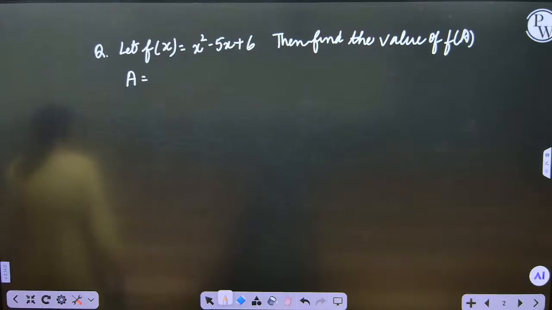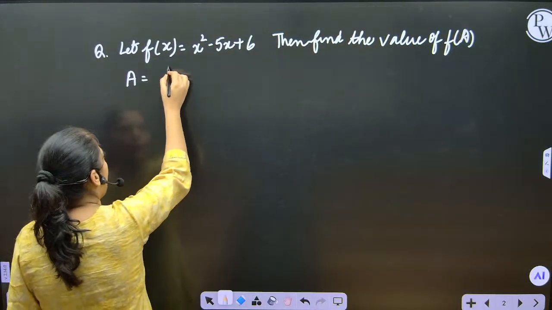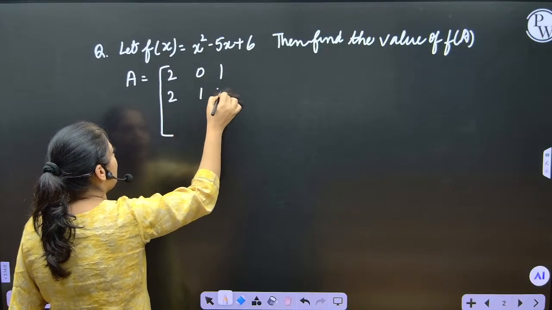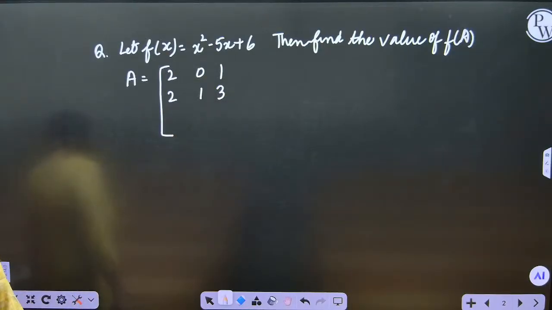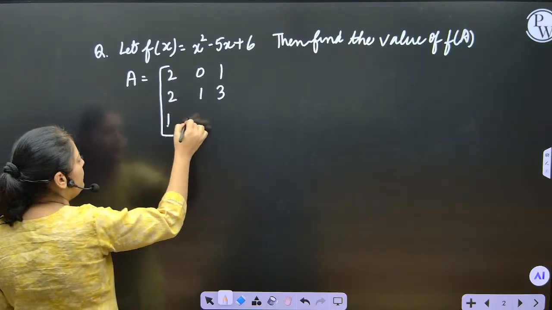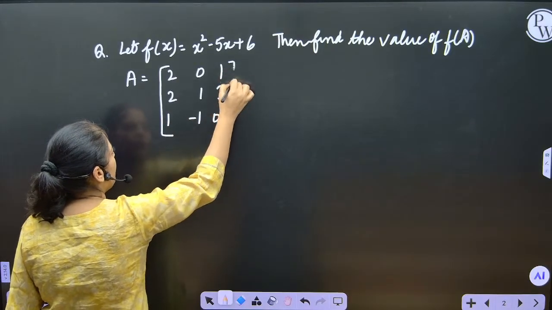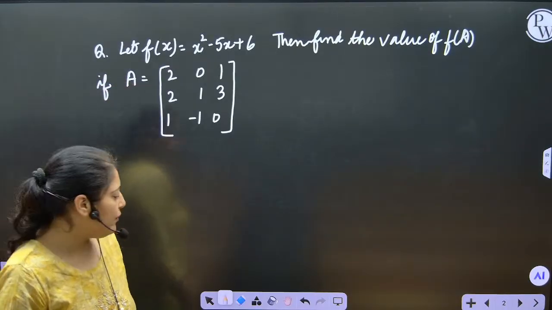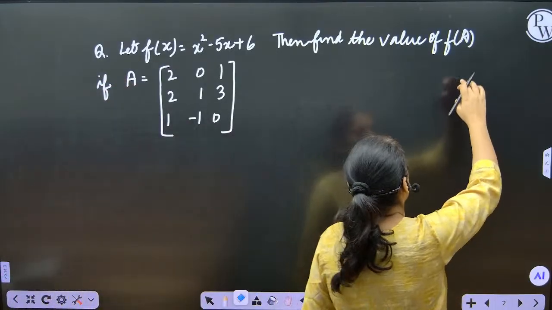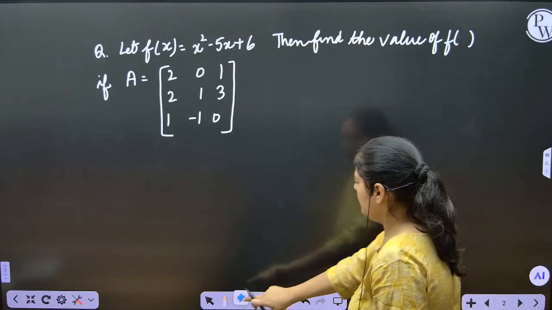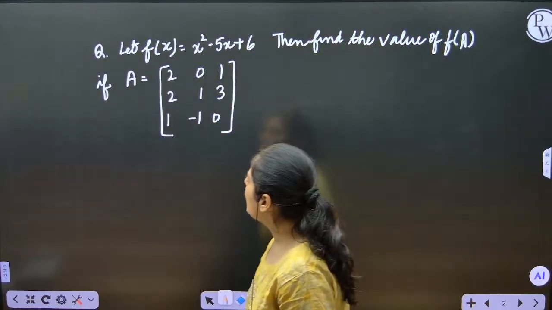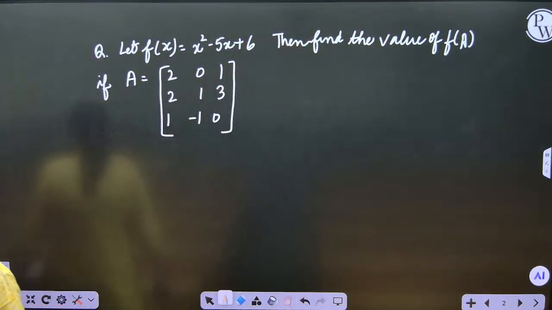a matrix 2 0 1, 2 1 3, 1 minus 1 0. If this is already given, f of x is already given to us.